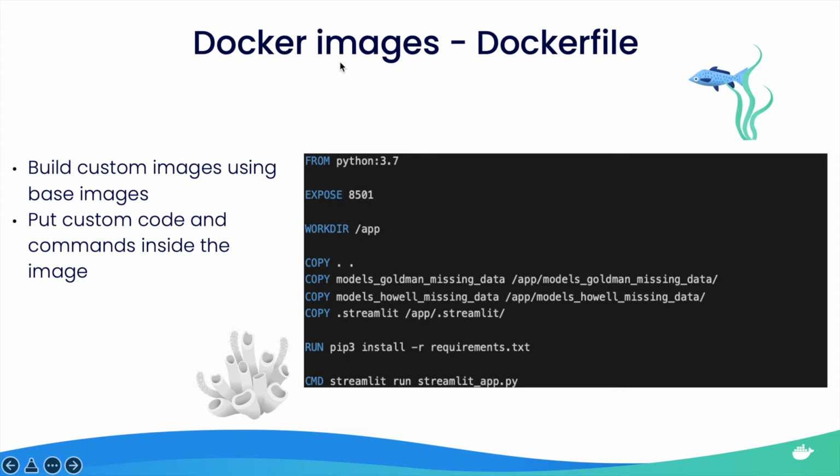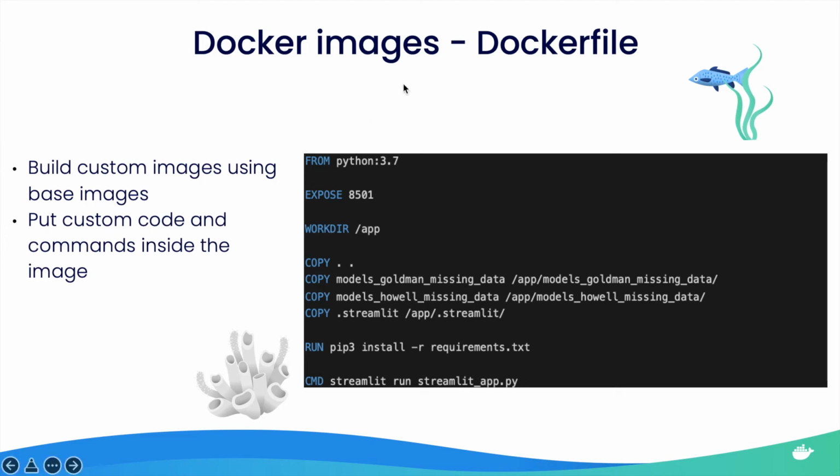Now, what is the relationship between Docker images and Docker files? As I said, a Docker file contains the instructions on how to build an image. So you can use Docker files to build custom images using base images.